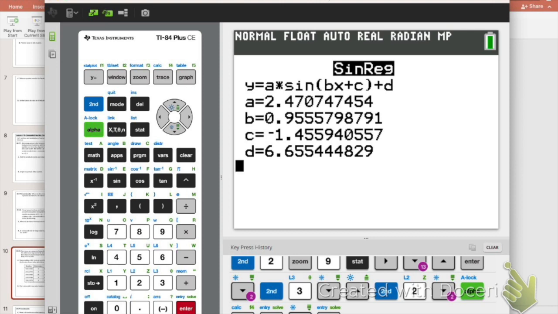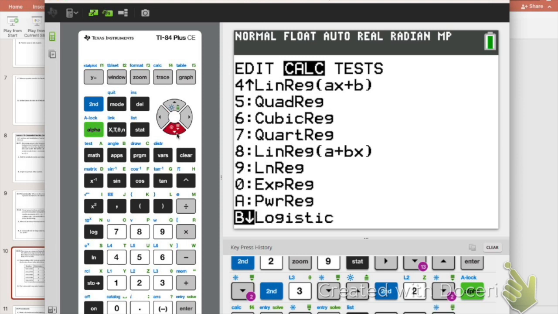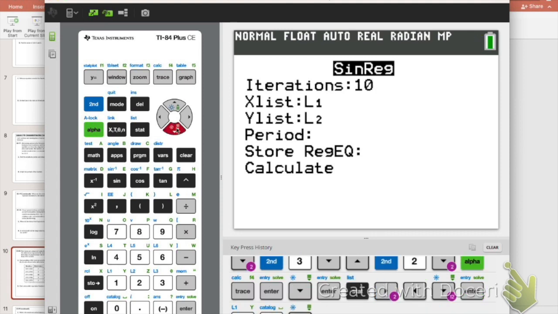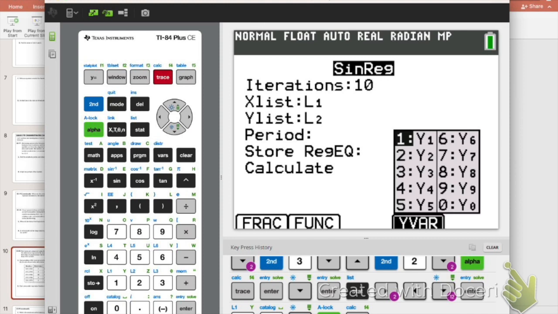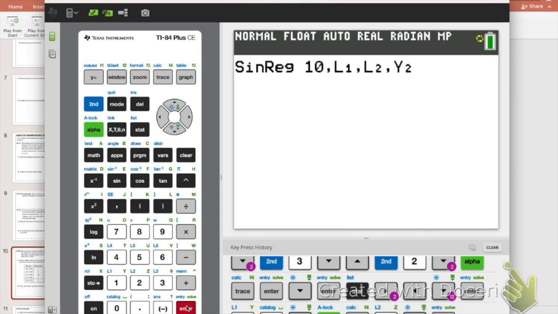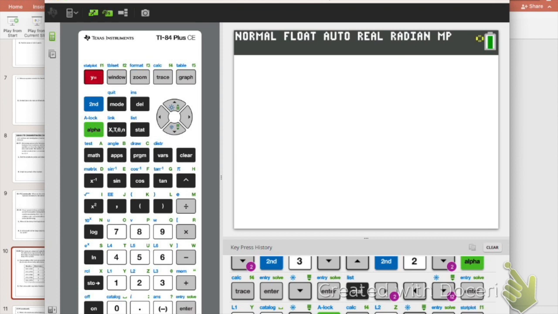Now again, if we were to make our iterations a little bit higher, it's going to change some things. So let me just show you. You don't have to do this. Like if I would have made it 10, let's store this into the second one, and I'll have both of them as options, right? It's going to change your amplitudes.